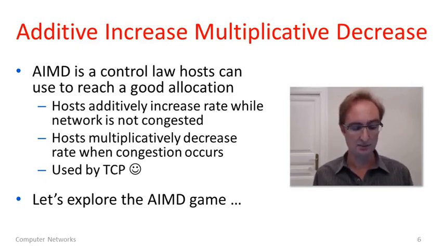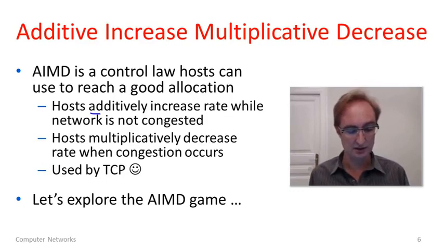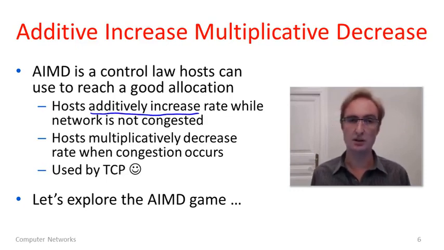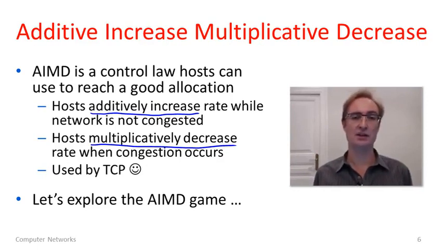In AIMD, hosts additively increase the rate by adjusting the window size, say, by adding something to it, while the network is not congested. That's the AI part. And then hosts multiplicatively decrease the rate by changing the sliding window, reducing it, when the network enters a congested state. And that's it. This algorithm repeats, additively increasing until you run into congestion, then multiplicatively decreasing to get away from it, on and on and on, and that's AIMD.